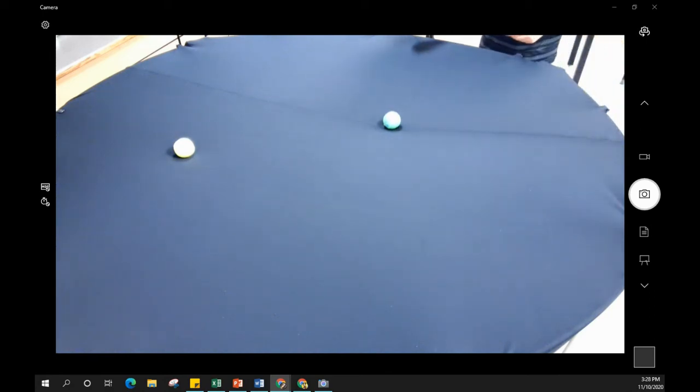Let's see if I can get a marble. I have to be very, very careful because if I go too fast, I'm going to fly off the edge. Okay, let's try another one. A different direction, see what happens.